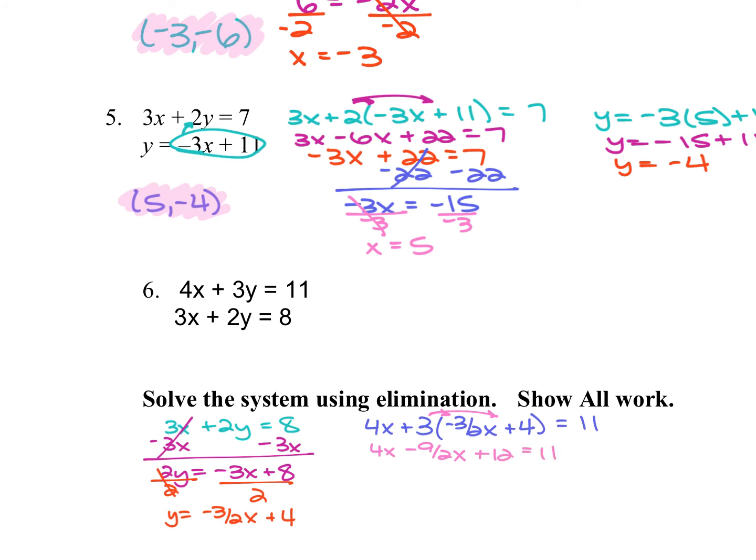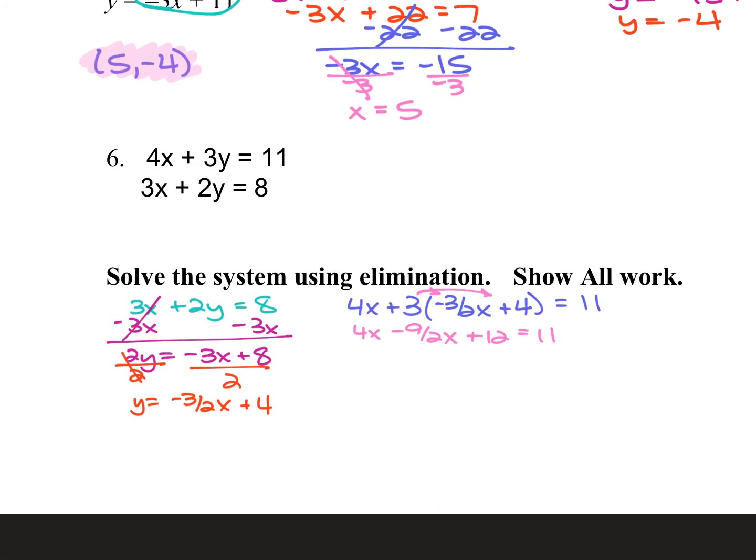We can rewrite this 4x as 8 over 2x, so that way we can subtract those fractions. And then from here, we just have to combine like terms, which gives us negative 1/2 x plus 12 is equal to 11. We can move the 12 over by subtracting it from each side. So that's negative 1/2 x is equal to negative 1.